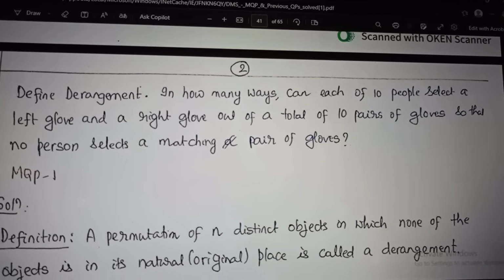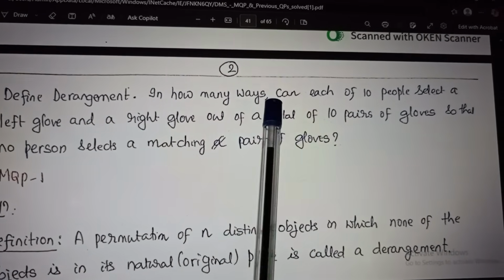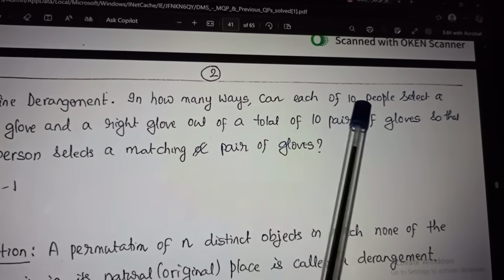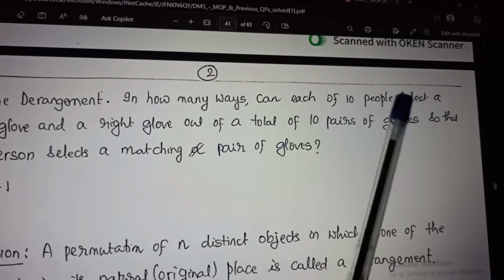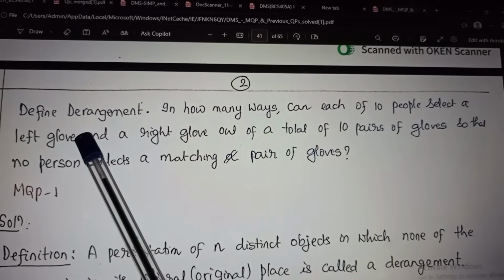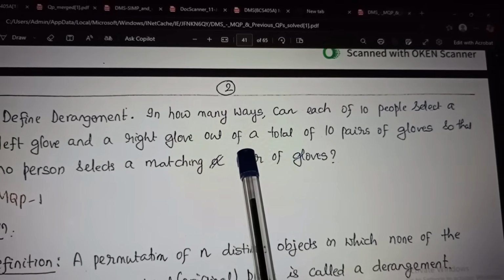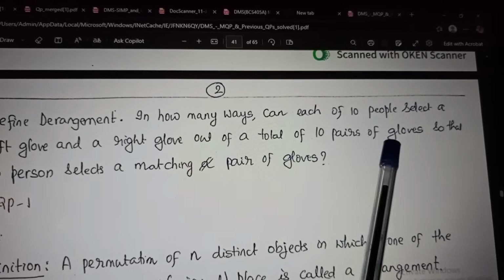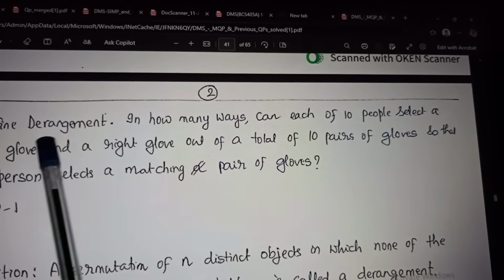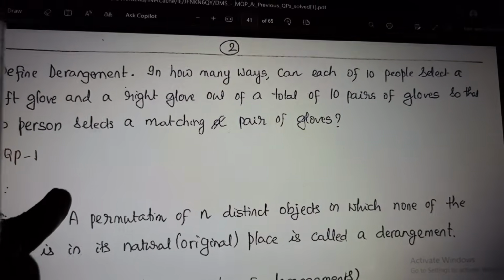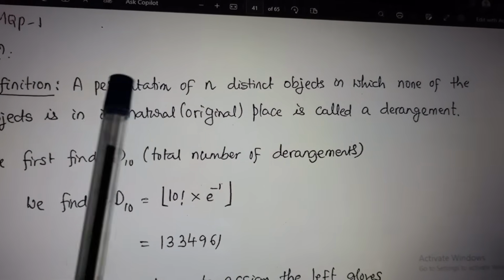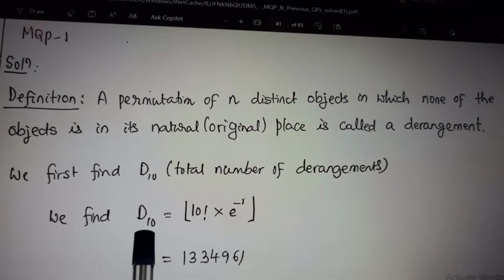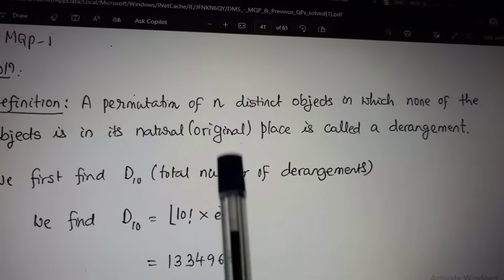Now one more good kind of question we have: in how many ways can each of 10 people select a left glove and a right glove out of a total of 10 pairs of gloves? Remember, for derangement we have a formula, that is D10. Why we are using D10 is because the number of gloves is 10.